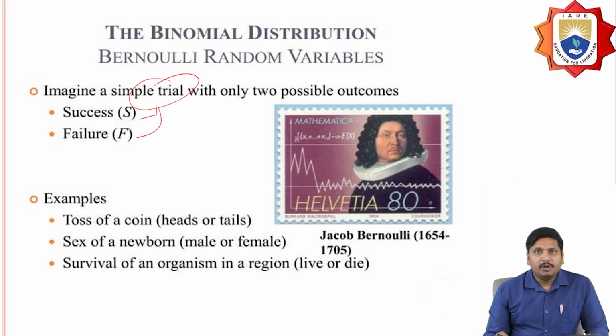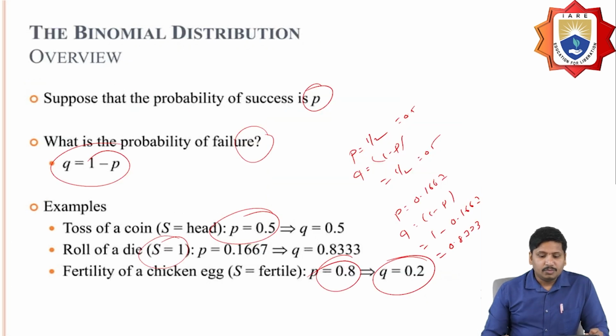The next one is the binomial distribution. Normally these are Bernoulli random variables. Suppose an event has two possible outcomes, either success or failure, for example tossing a coin, sex of a newborn, and survival of an organism.